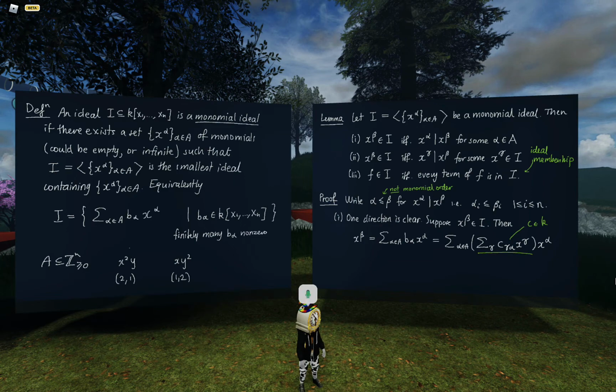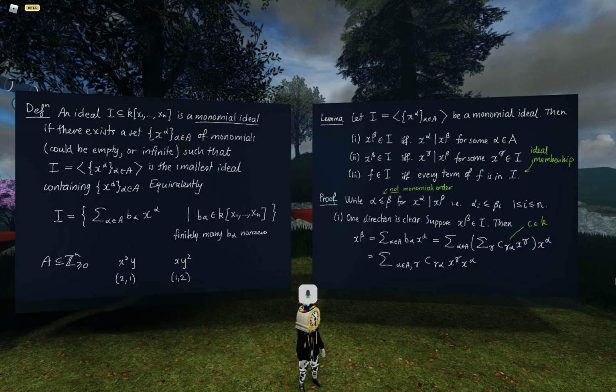I'm just taking these polynomials and writing them as a linear combination of monomials, where by linear here I mean with scalar coefficients. And now if I just expand, gamma here runs over all tuples. So what's the point of this?